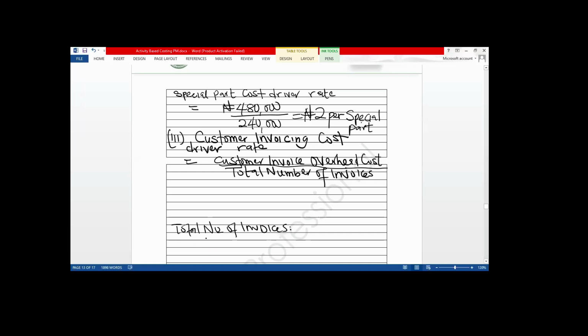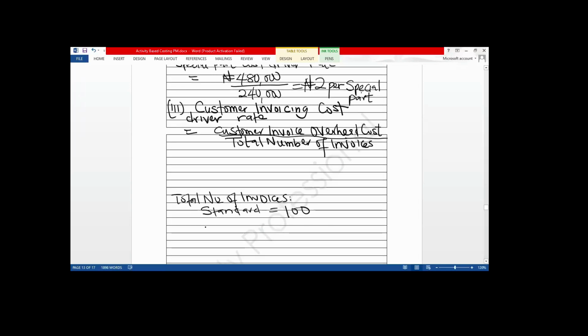Now go and check standard. How many invoices for standard? 100. For standard, we have 100 invoices. How many invoices for dealers? 480.